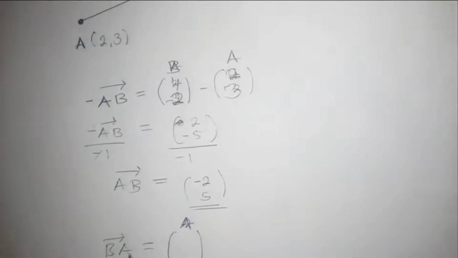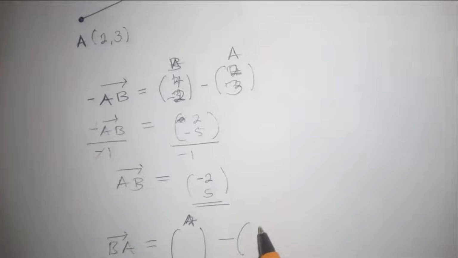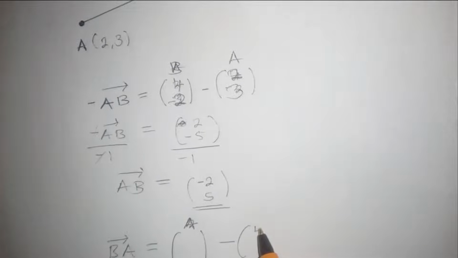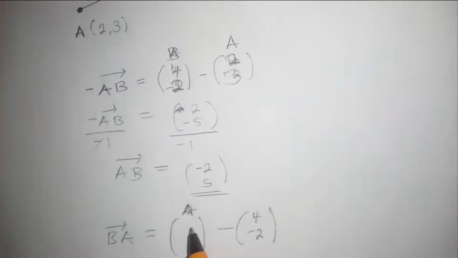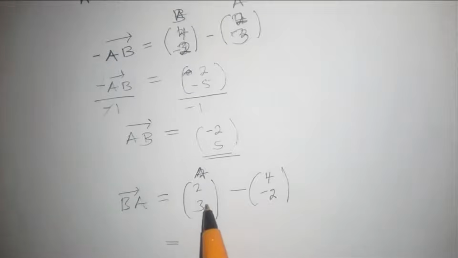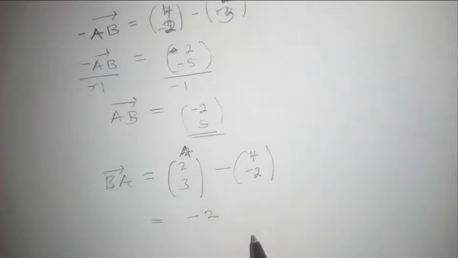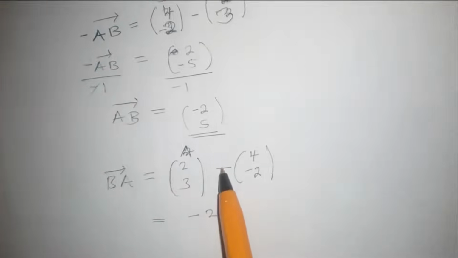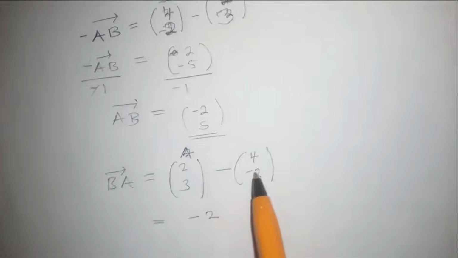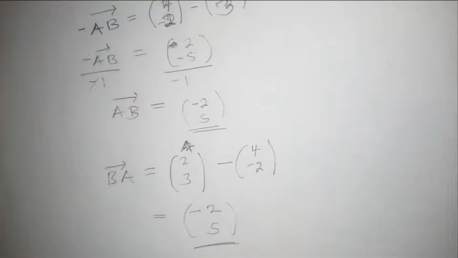Here, good. Because it's the one which is finishing here. Minus the coordinates of B. The coordinates of B are 4 and negative 2. So this is 2 and 3 here. So when we work out things here, we find that here we have negative 2, and here negative and negative will be positive. When we add them, we have 5. So this is how it will look.